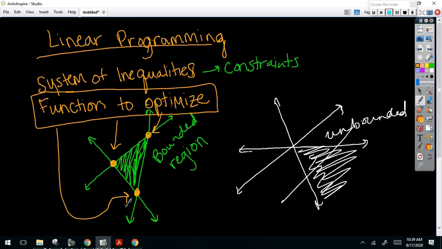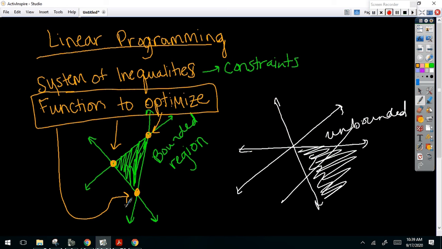And the function is this one. And then we choose the optimal value.